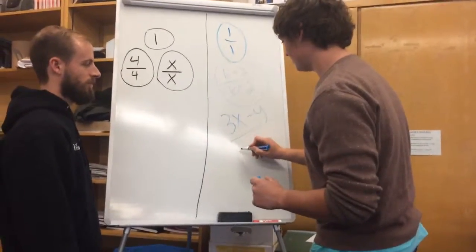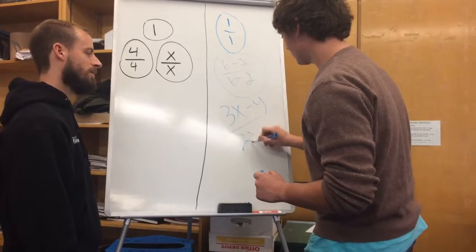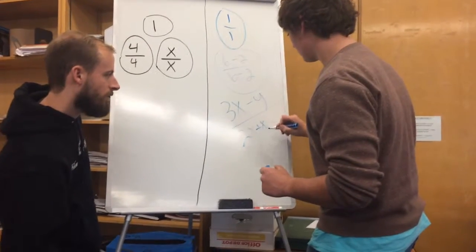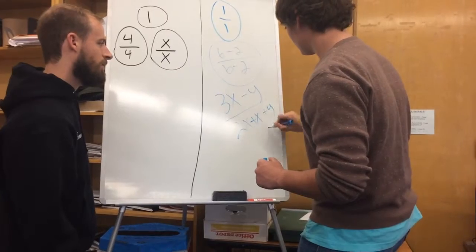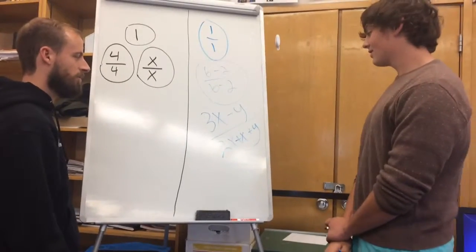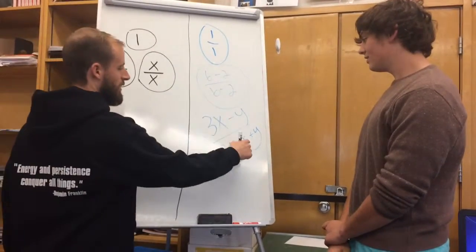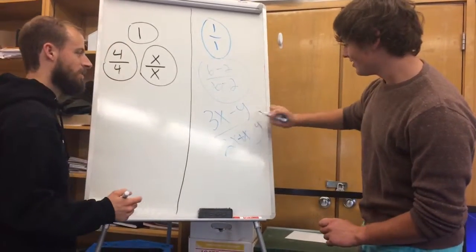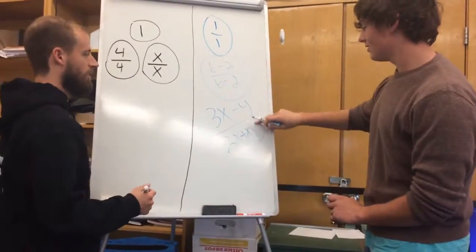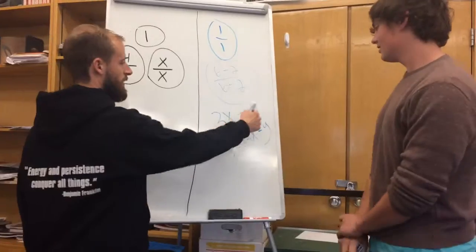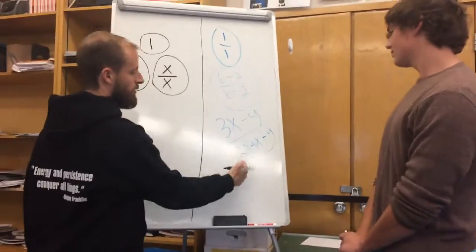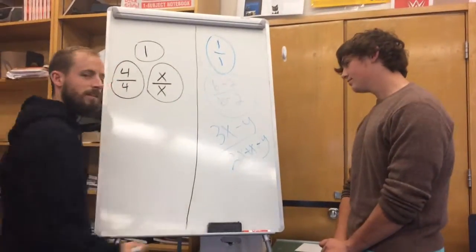So I'm going to do... Ooh, kind of. Well, you have a minus here and you have a plus. Okay. So 3x minus y over 2x plus x minus y, because 2x plus x is 3x. Getting complicated.